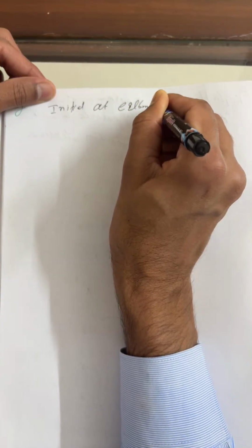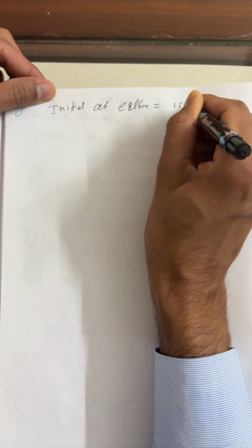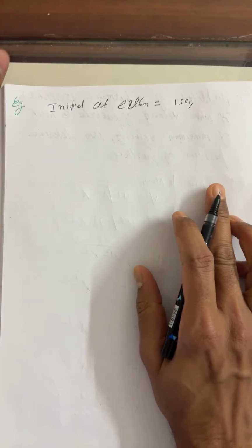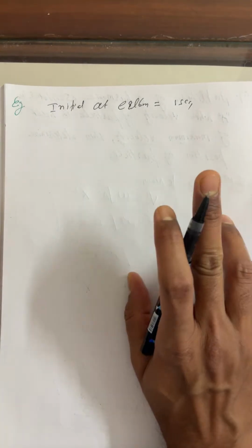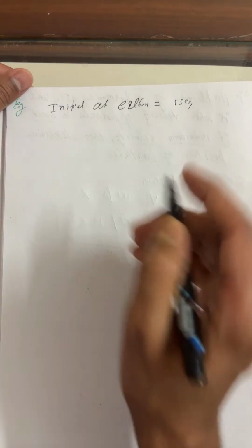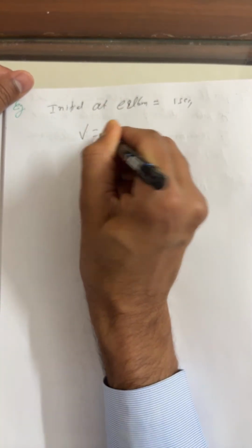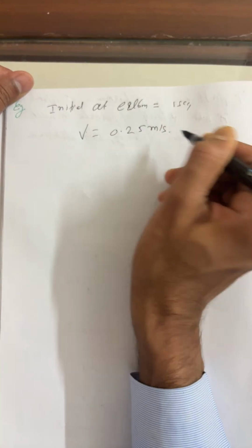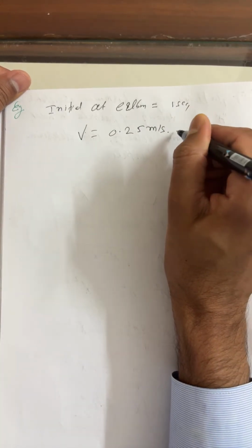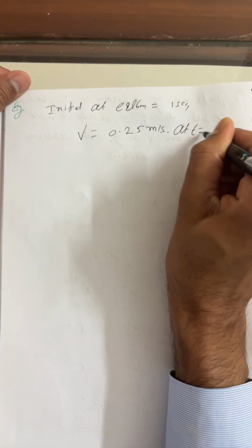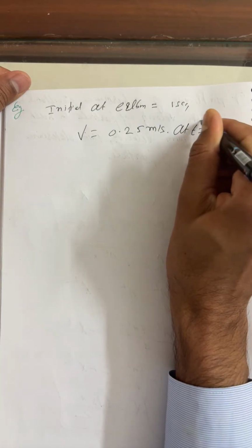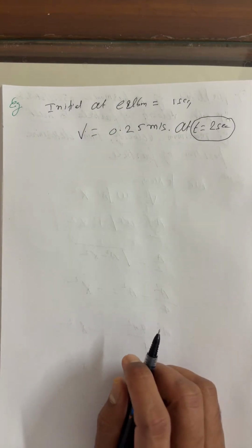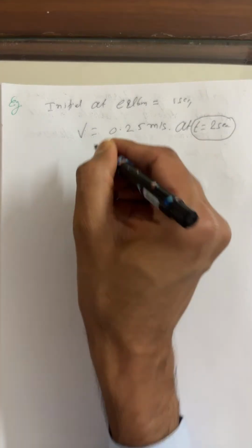It is found that the speed of the particle is 0.25 meter per second at t equals 2 seconds. If the period of oscillation is 8 seconds, calculate the amplitude of oscillation.